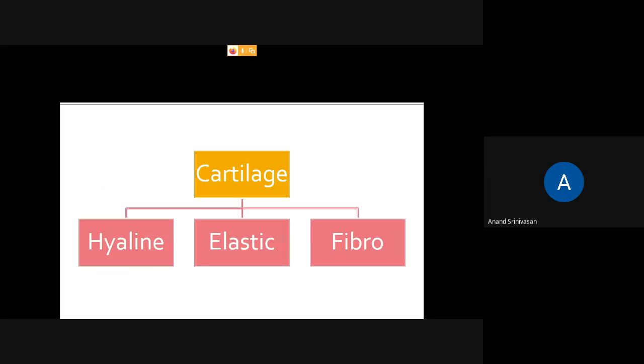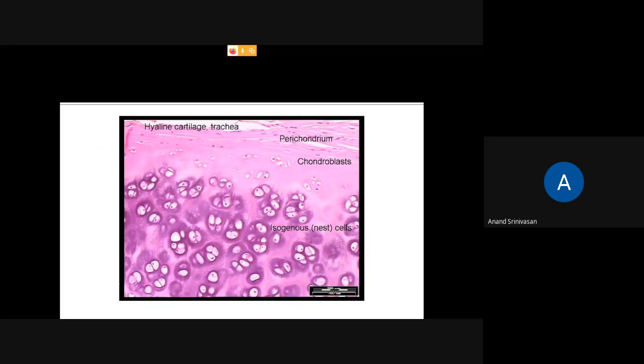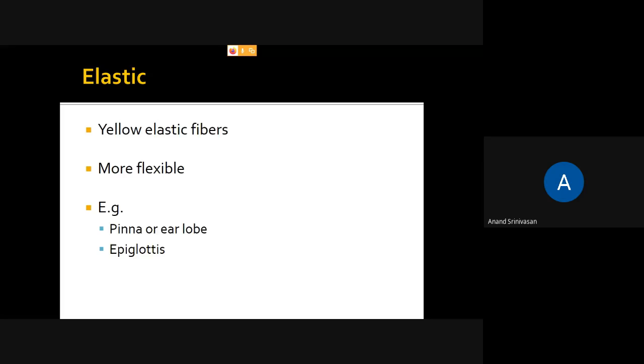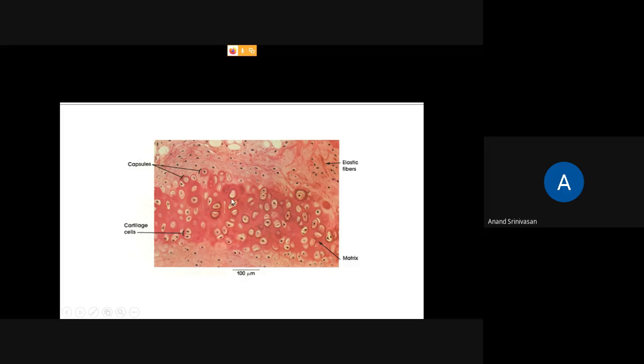Once again, we will see the three cartilages: hyaline, elastic, and fibrocartilage. In hyaline cartilage, the chondrocytes are arranged in groups, and there is a thick and thin stained matrix. Elastic cartilage contains elastic fibers and is more flexible. Examples: pinna and epiglottis. Under the microscope, the chondrocytes are separate and the matrix is uniformly stained.